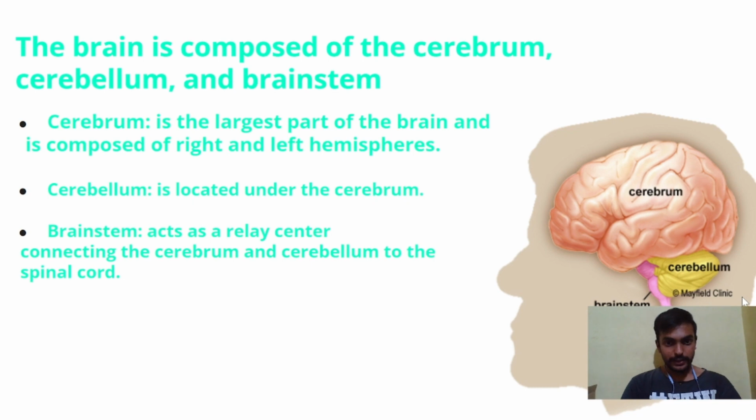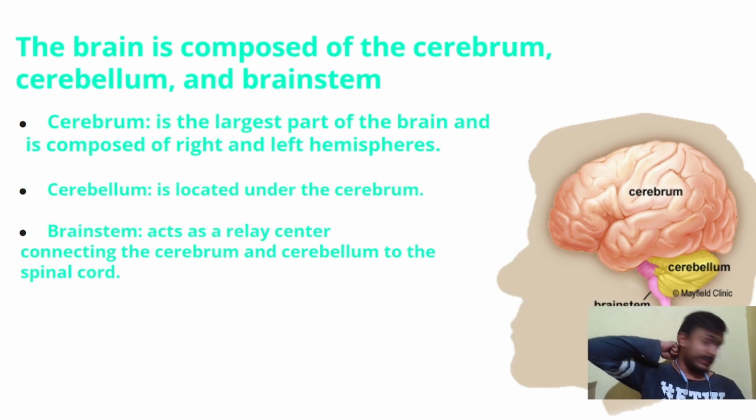The cerebellum is located under the cerebrum. Brainstem. The brainstem acts as a relay center connecting the cerebrum and cerebellum to the spinal cord. It means this brainstem will connect the cerebellum and cerebrum to the spinal cord which lies here.